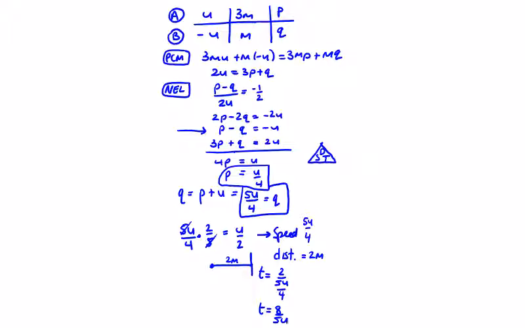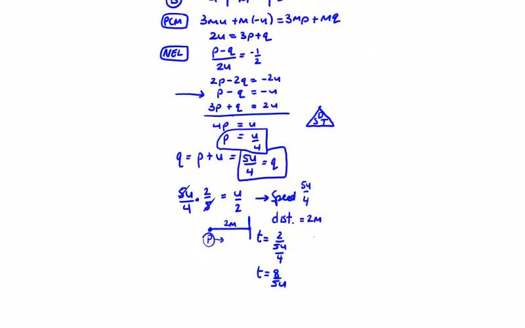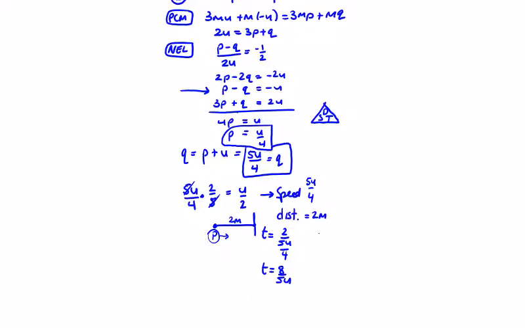So we need to know how far P has traveled. P is here. How far has P traveled in this time towards the wall? So we need distance, and distance is equal to speed times time. For P, the distance traveled is equal to its speed, which is u over 4, and the time is 8 over 5u.